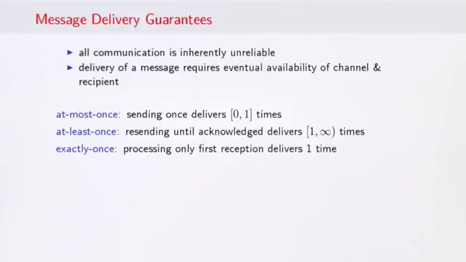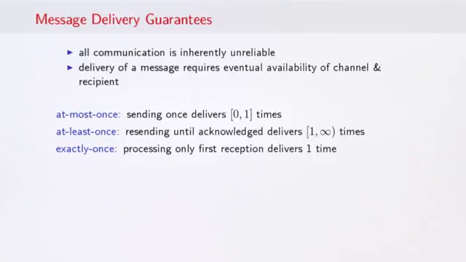We can classify the kind of effort we go to and the resulting delivery guarantees in three ways. The first one is if you just send a message once, then it will either arrive or not. Hence, it will be delivered 0 or 1 times. This is called at most once delivery.